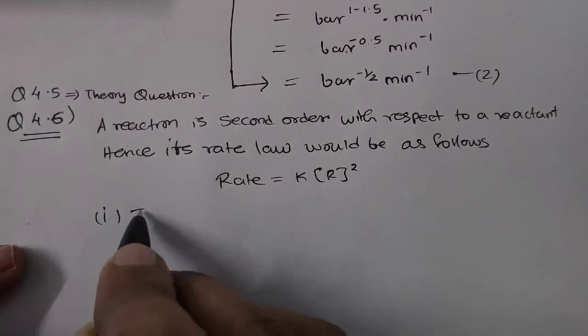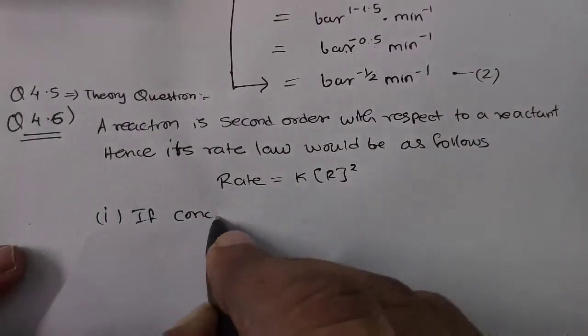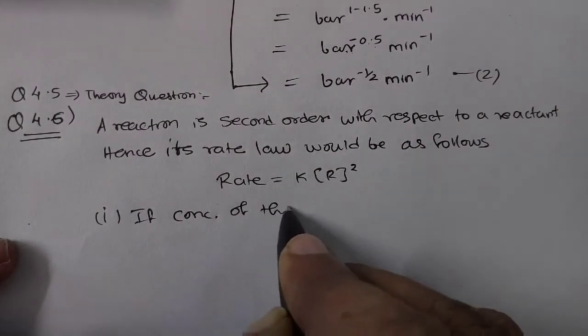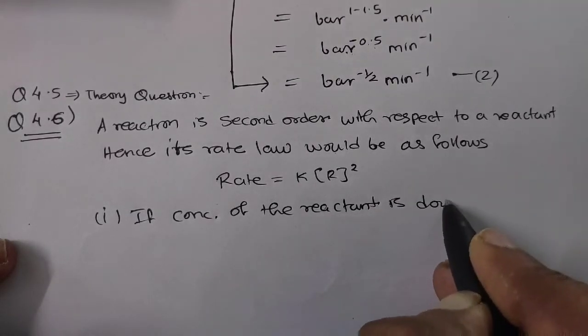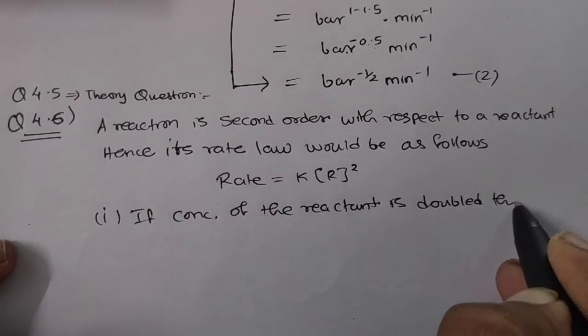So the first question was, if the concentration of the reactant is doubled, then what will be the rate of reaction?